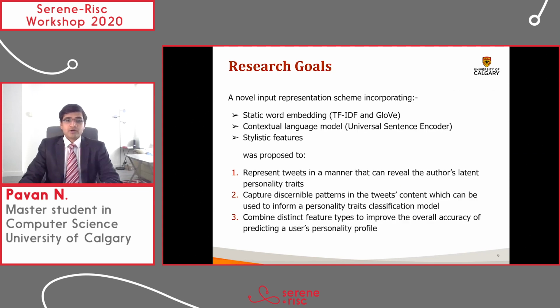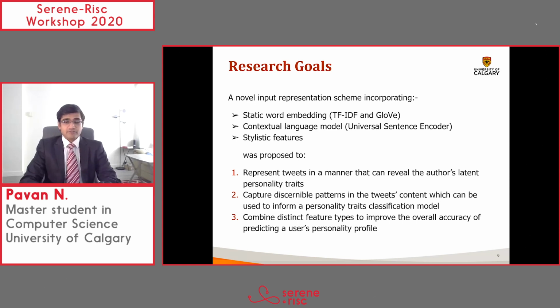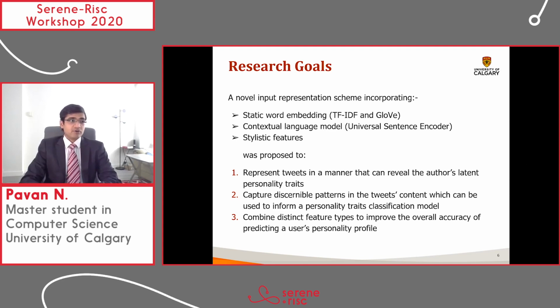Okay, so in our work, we try to use the tweets, or the information available via tweets. We use the static word embedding TF-IDF, or the term frequency and inverse document frequency metric, which is based on the frequency of the words that occur in the corpus. And the GloVe vector embedding, which is a distributed representation of words based on the co-occurrence of different words.